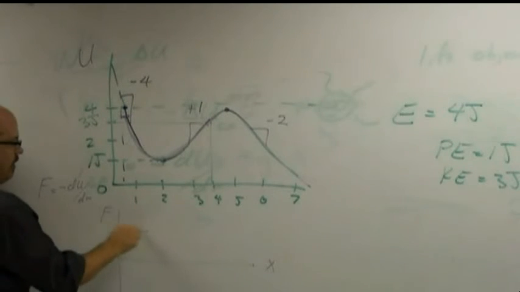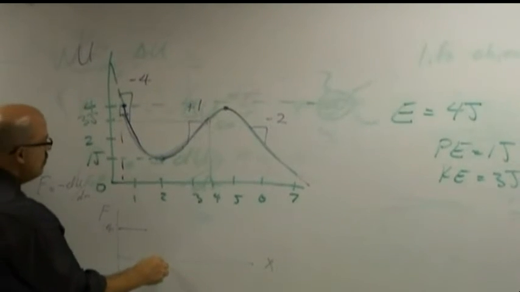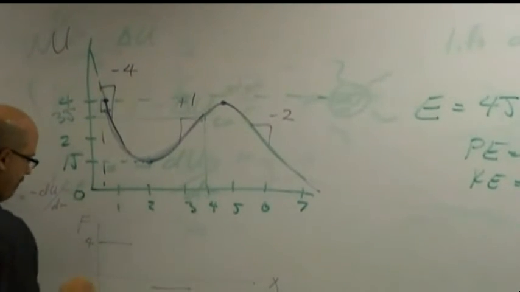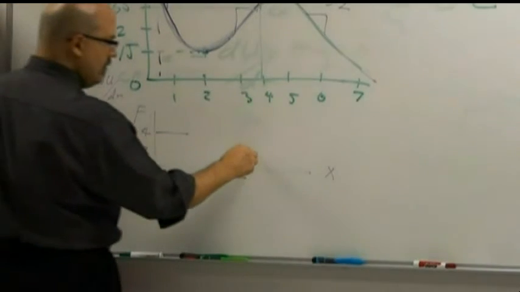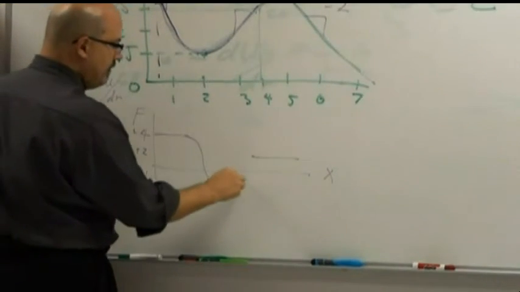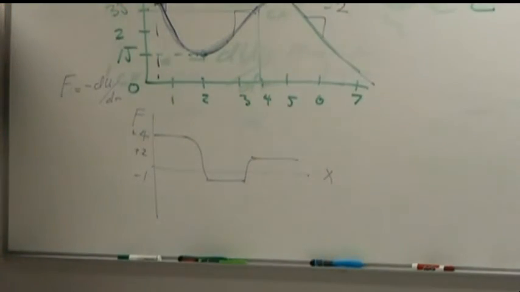So I start off at 4, I go to -1, and then I end back up at +2. So it should look something like this, and there should be smooth transitions in between. And that's it.